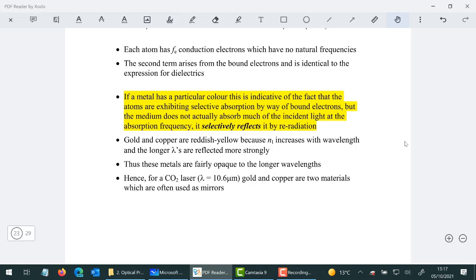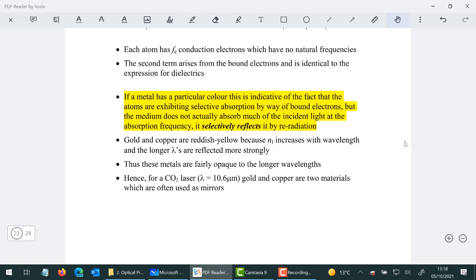If I think about a stained glass window, and it has blue glass, then all the other wavelengths are being absorbed by the glass as the light travels through it, and only the blue light can get transmitted through, and that's why it looks blue. For metals, if we have a bluish finish on a metal, then that's because it reflects the blue light much more strongly than the red and the green, the yellow, and so on.